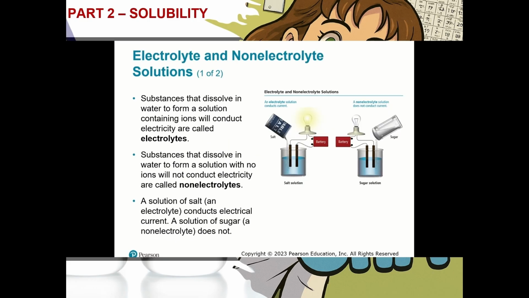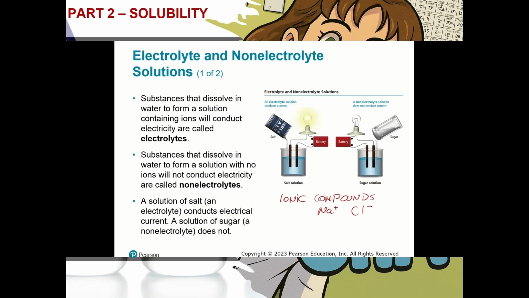So here, as I said before about conducting electricity or not, substances that form ions in solution and conduct electricity we call electrolytes. Ionic compounds conduct electricity really well because they form ions, like the example I gave you, sodium and chloride, right?